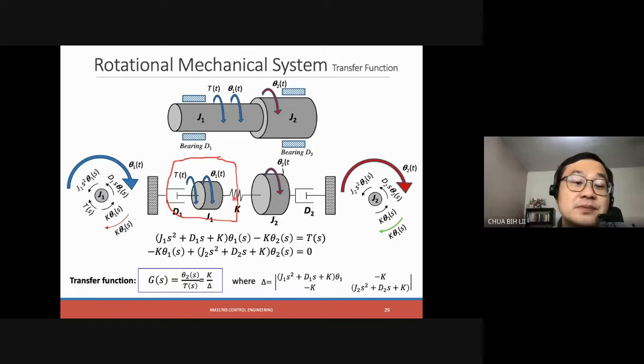This spring action is being translated by the K theta 1, which always opposes the rotational directions, right? So we have K theta 1 over here. Then what else is against the rotation? The damper. So for a damper we have D1 s theta 1, right?